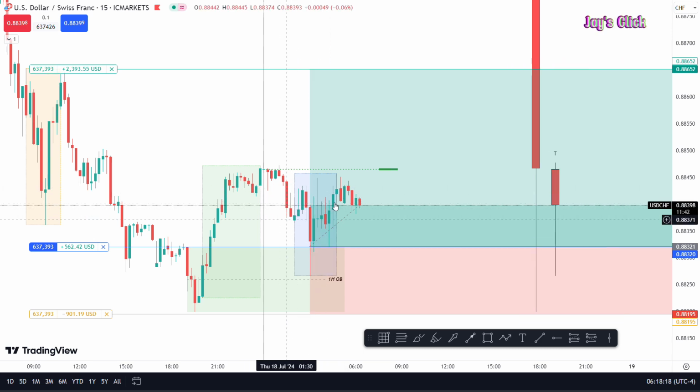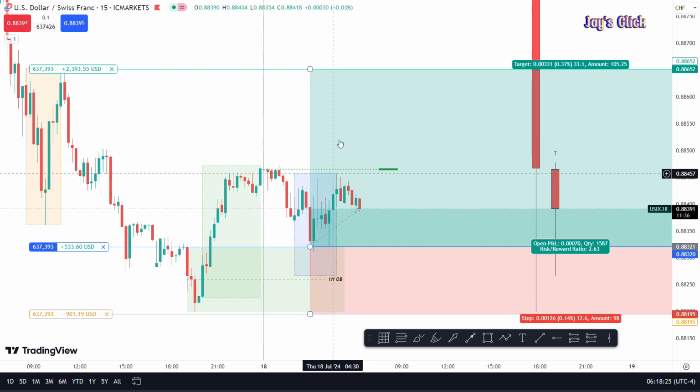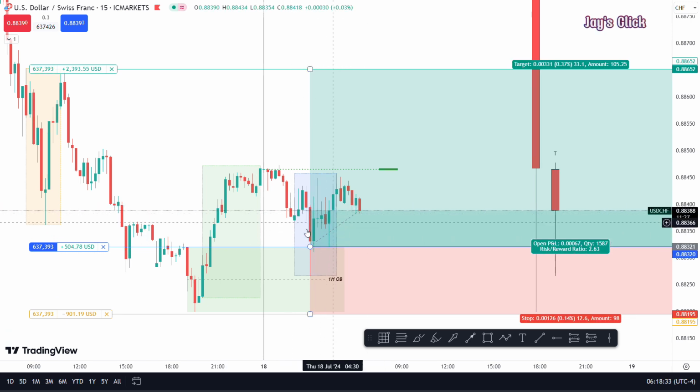If price would have broken up with some good momentum, this would have been a breaker, but that good momentum is not there, so we just let it go and be content with the current trade that's going on.